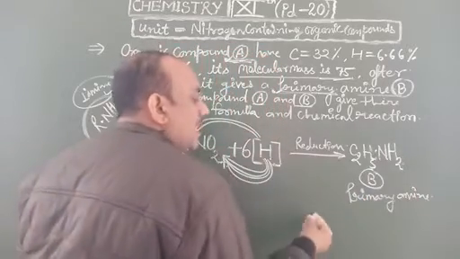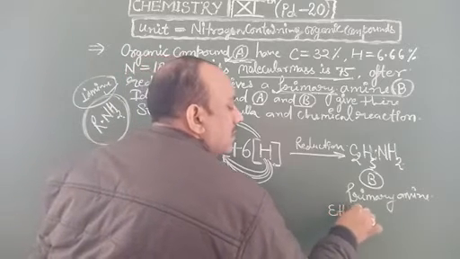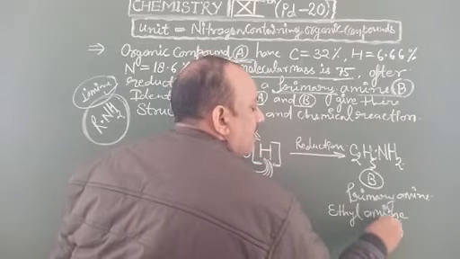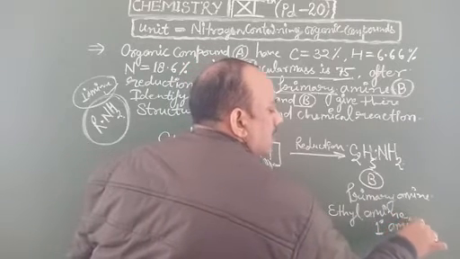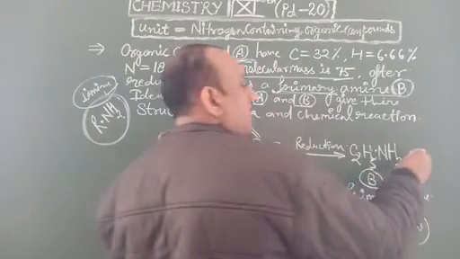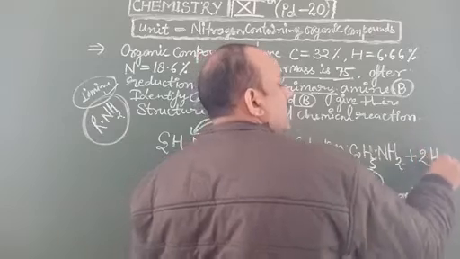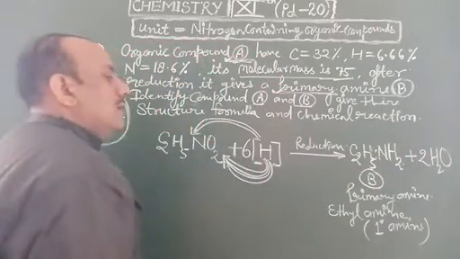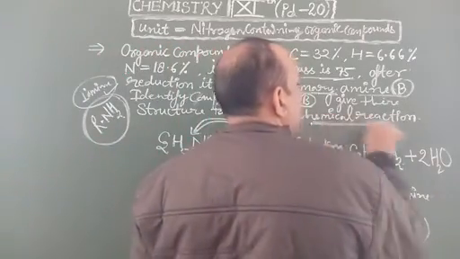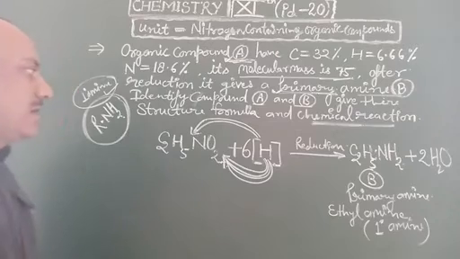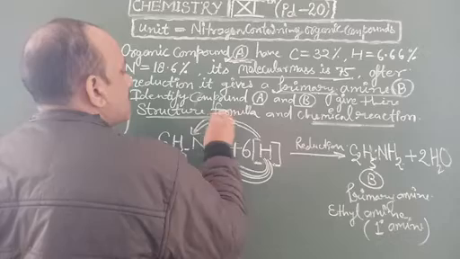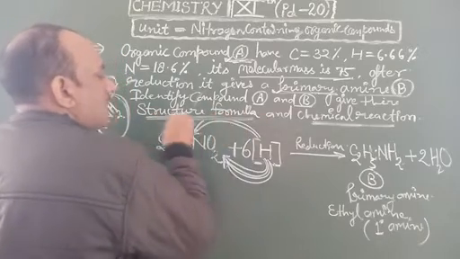It is known as ethylamine, also known as a 1 degree amine, plus the subtracted water molecules, so plus twice H2. This is compound B, and here we completed the second section of this question, the chemical reaction. Now we go to the third and last section of this question, because the question says to find their structural formulas.